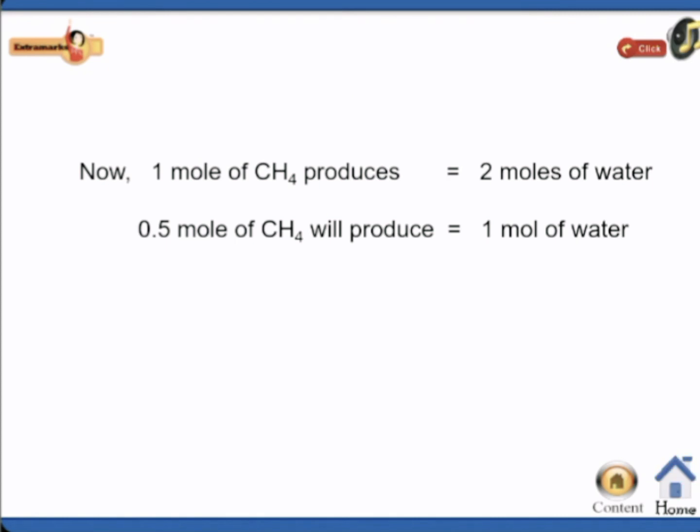Now, 1 mole of methane produces 2 moles of water and 0.5 mole of methane will produce 1 mole of water.